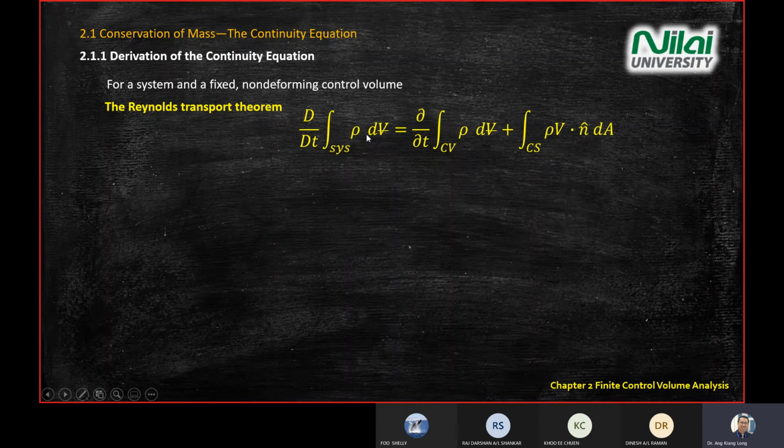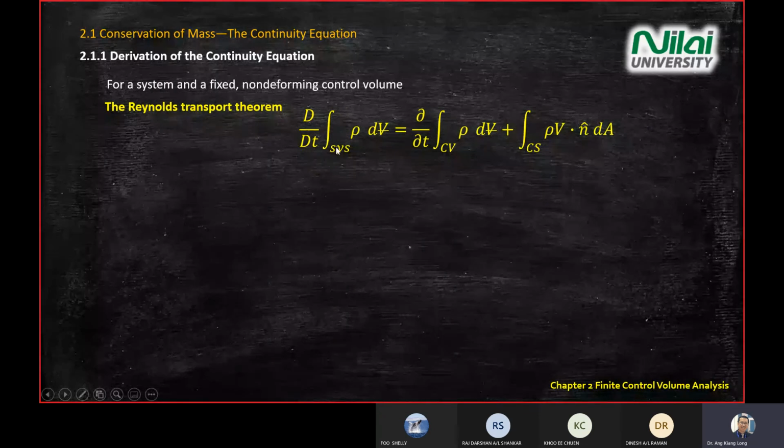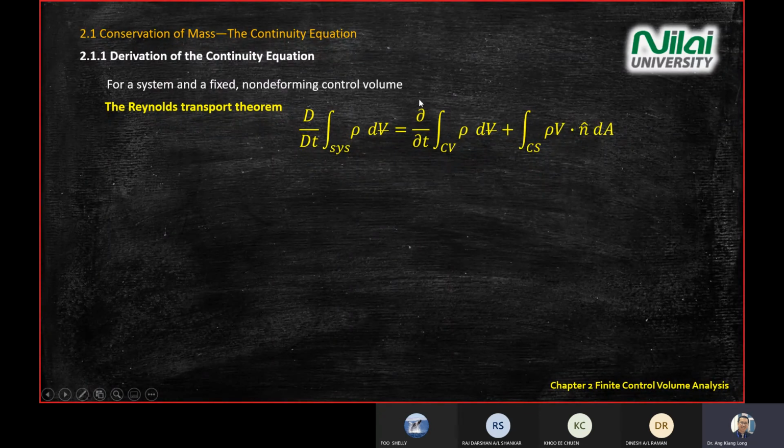So d/dt of rho v on the left-hand side is the system, and the right-hand side consists of the control volume and the control surface. One is a 3D volume and one is on the surface area, right? But both will give you m dot, which is the mass flow rate.